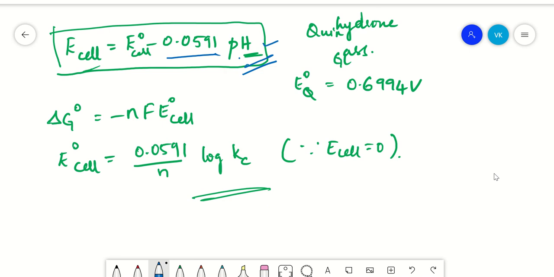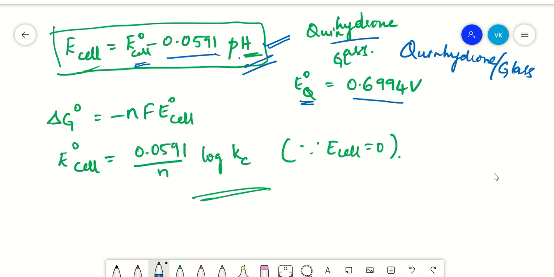Now this pH formula can be deduced using the quinhydrone electrode or glass electrode. The quinhydrone electrode or glass electrode are used to deduce the equation between E cell and pH, right? If your E naught cell is not given, you need to take E naught of quinhydrone, that is 0.6994 volts.